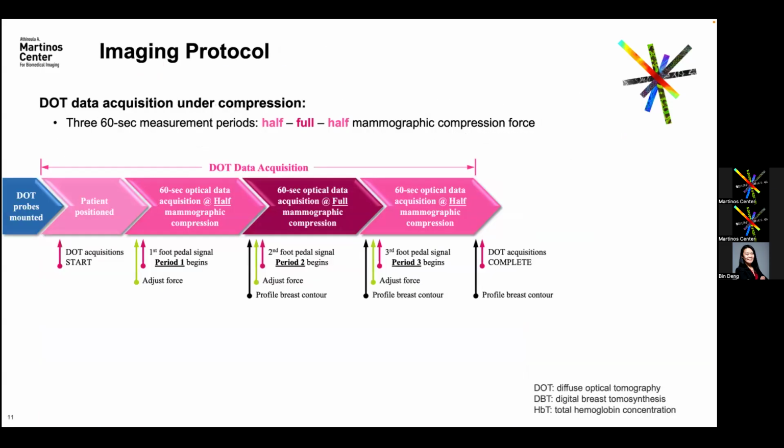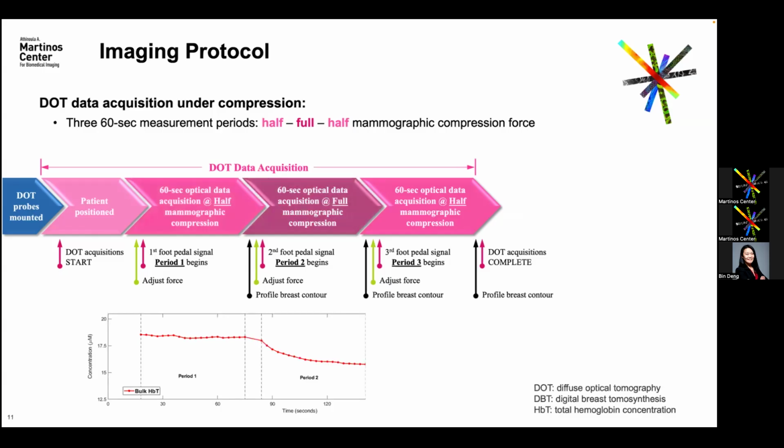So the imaging protocol takes 3 stages with varying levels of compression. In the first stage, we start with a half compression, and then we proceed to the full mammographic compression for 60 seconds, and then partially release back to half compression. So you can see the bulk hemoglobin concentration within the tissue changes in response to the compression.